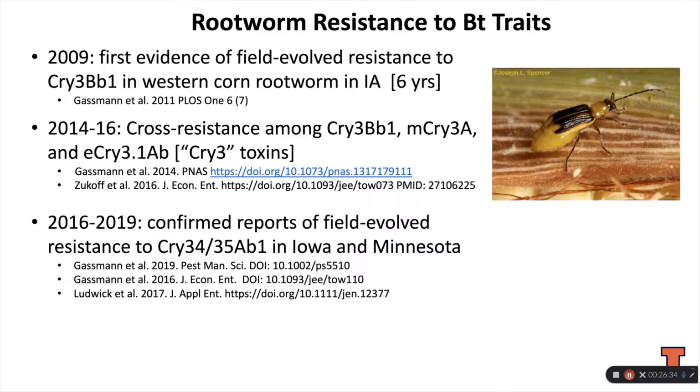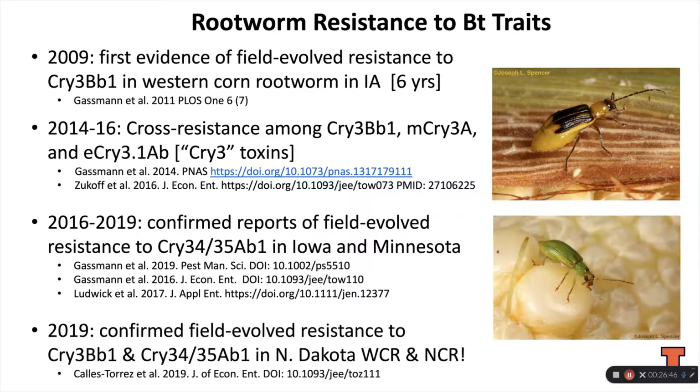And then in 2016 to 2019, the first confirmed reports of field-evolved resistance to Cry34/35 were found in Iowa and Minnesota. Not to be left out of the resistance game, in 2019, there was the first confirmed field-evolved resistance to both Cry3Bb1 and Cry34/35 in North Dakota western and northern corn rootworm beetles.